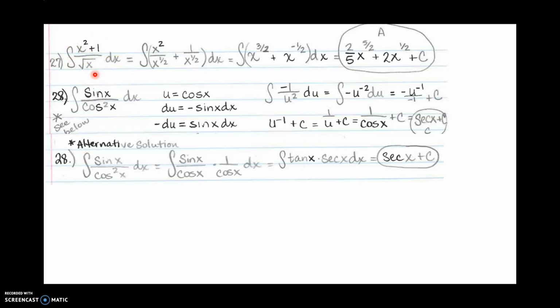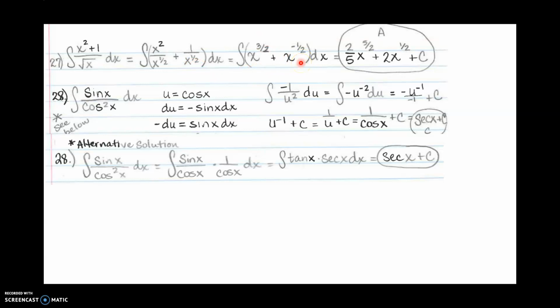So I'm going to rewrite the square root of x as x to the 1/2, and then I'm going to break that apart into two separate pieces. So x squared over x to the 1/2 plus 1 over x to the 1/2. So when your bases are the same and you're dividing, you can subtract your exponents. So 2 minus 1/2 would give me 3/2. And then this x to the 1/2 becomes x to the negative 1/2 to move it up to the top.